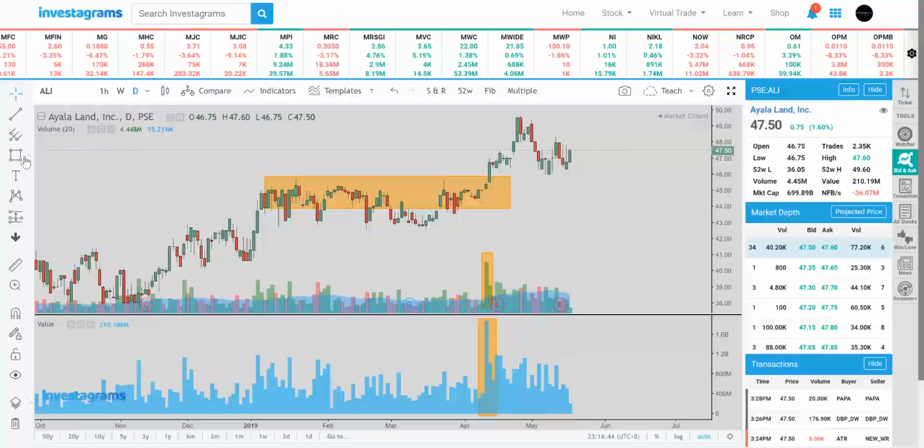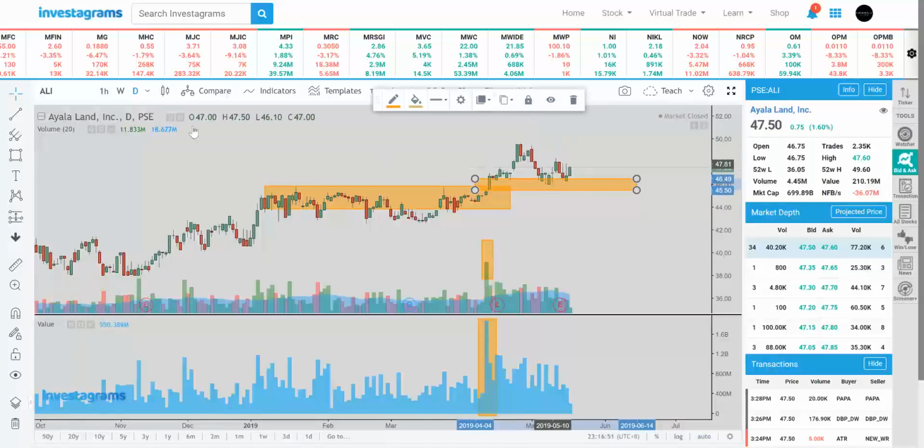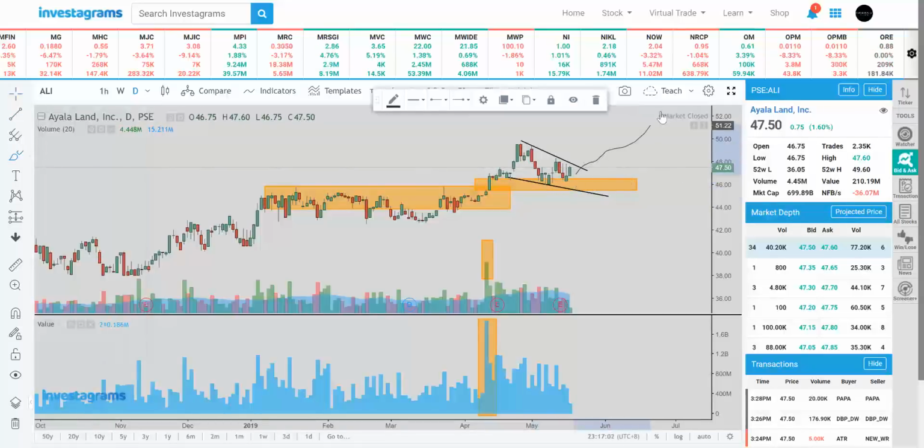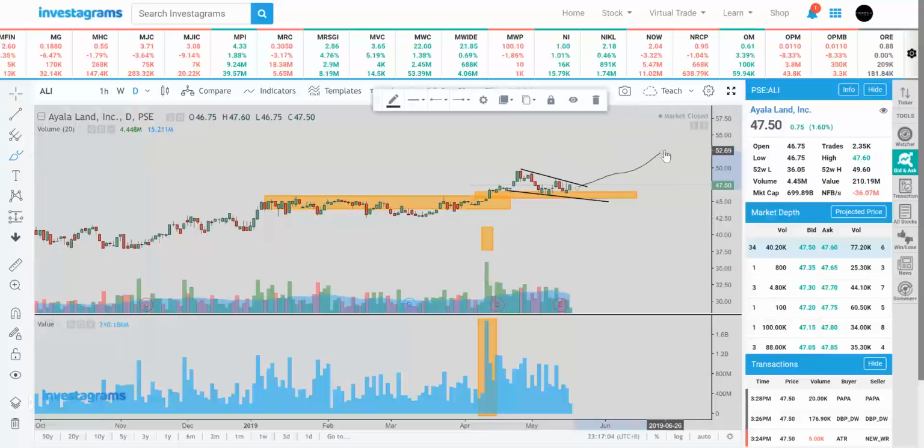So here in Ali, we could see this is a textbook retest. So right now it's doing 47.50. So if it breaks above the short-term consolidation pattern here, then we may see a bullish scenario where it breaks 48, then 50, then moves to a higher level. Okay, so that's one context.